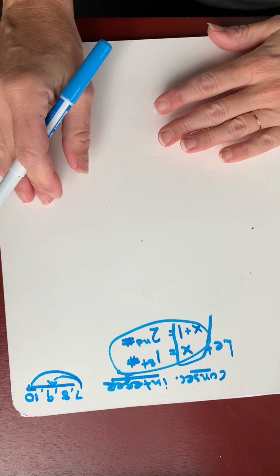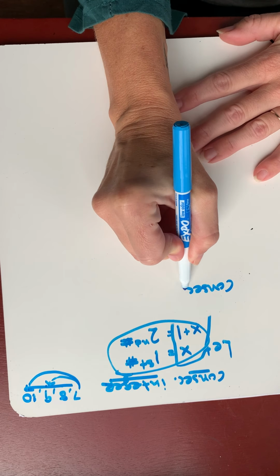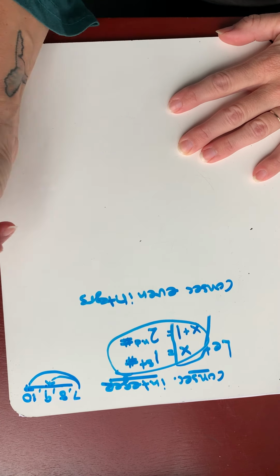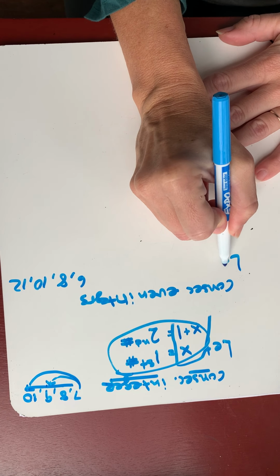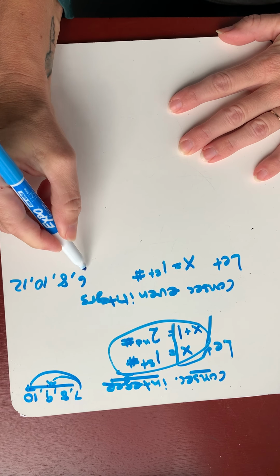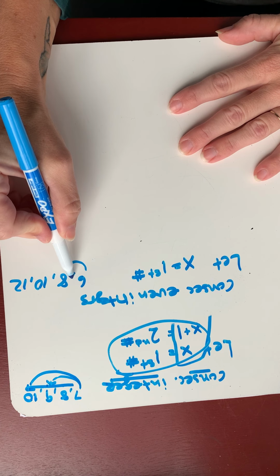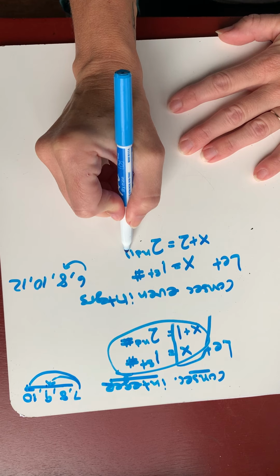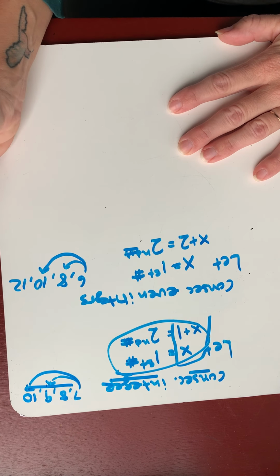All right, also, if the problem's asking not for consecutive integers, but for consecutive even integers, like 6, 8, 10, 12, I'm still going to let x equal the first number. But how can I represent the next number? I can't say x plus 1, that would be 7. I have to say x plus 2. That's going to be the second number. How do I get from x to the third number?